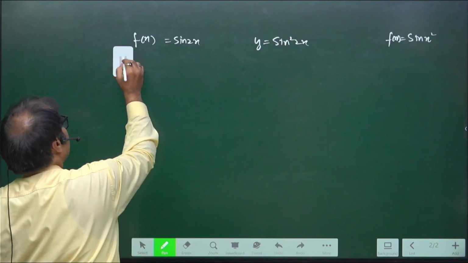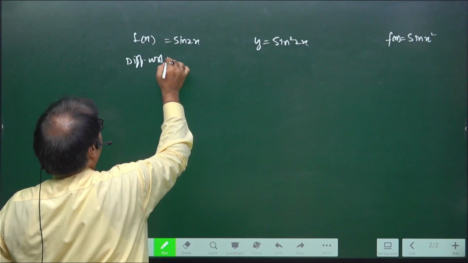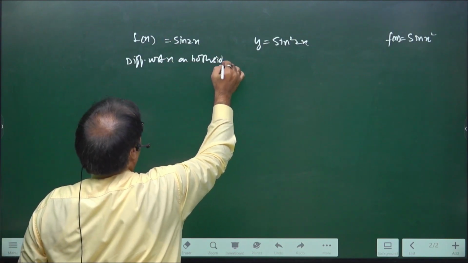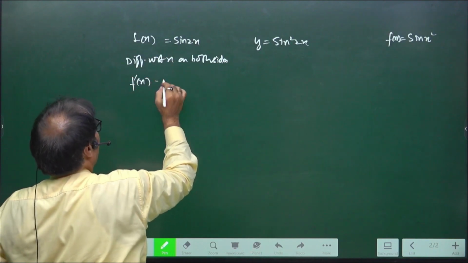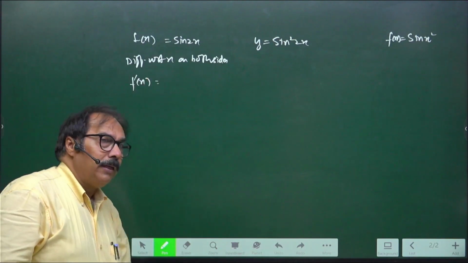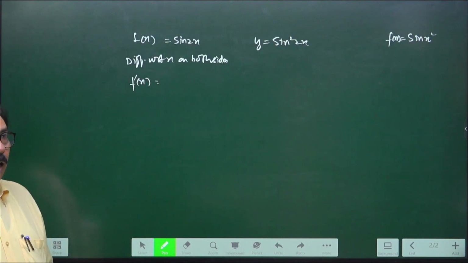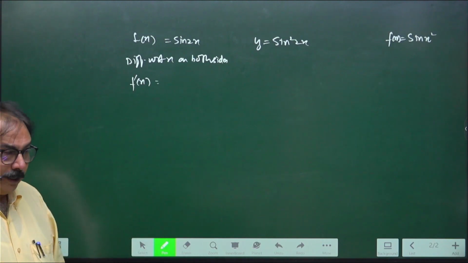So differentiate with respect to x on both sides. f(x) means f dash x. First of all, we will differentiate the trigonometrical ratio, and then we will differentiate the angle.